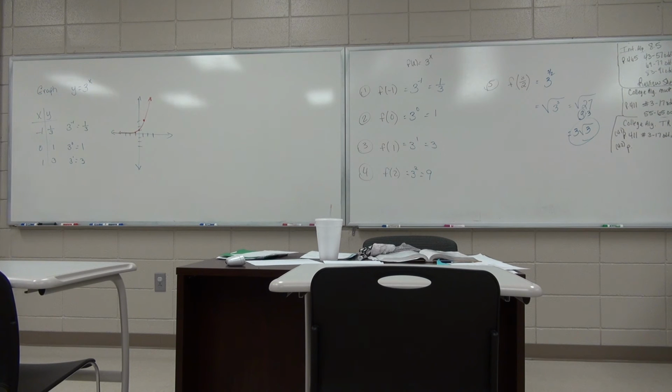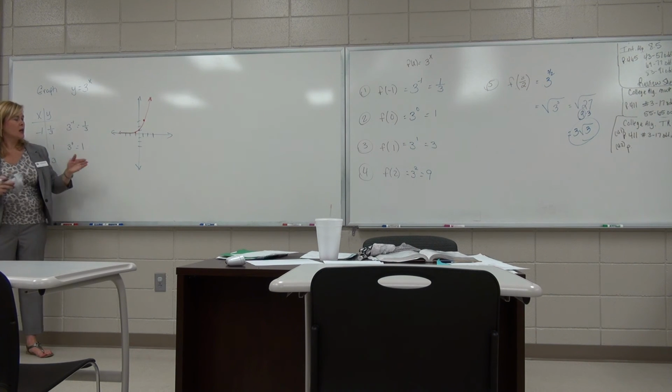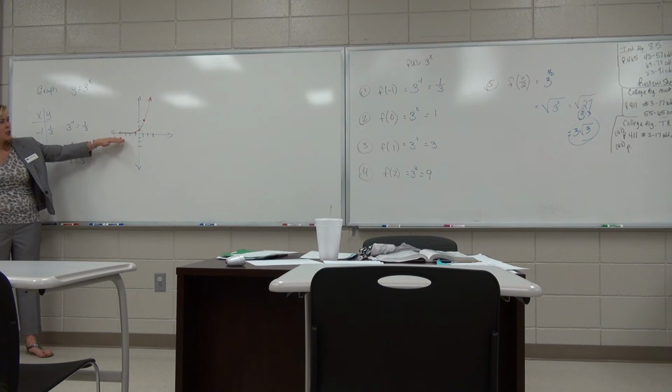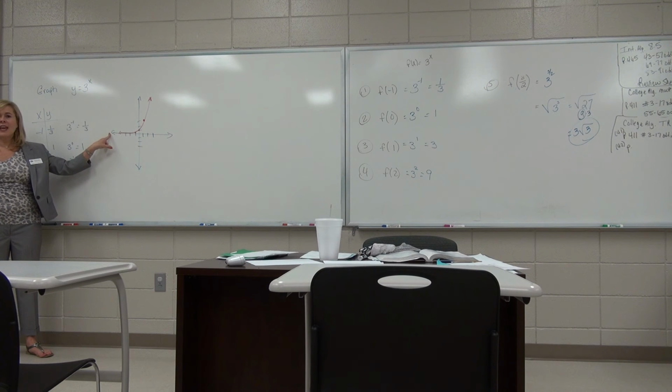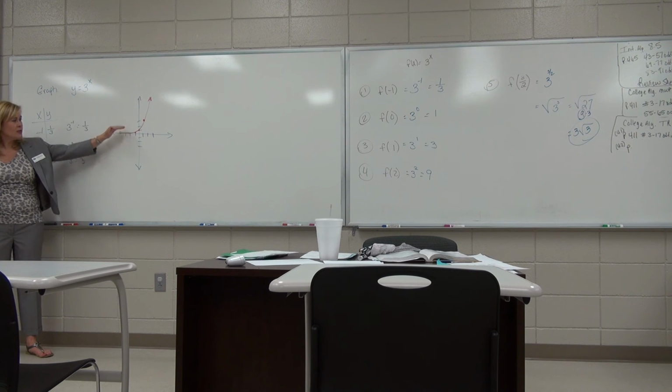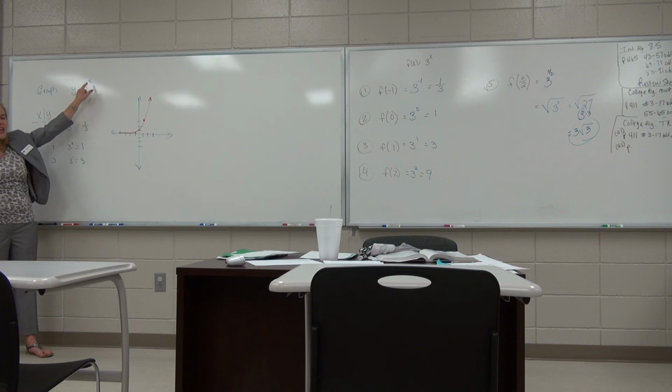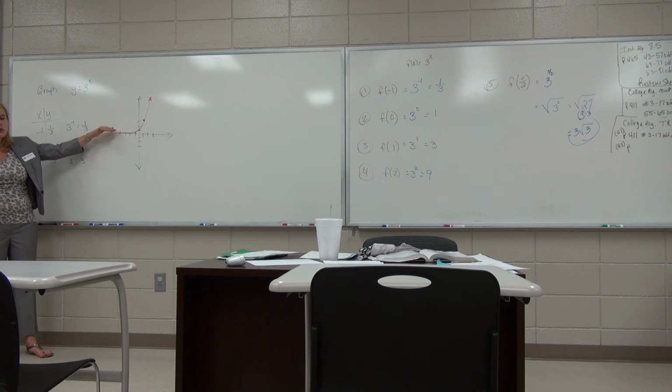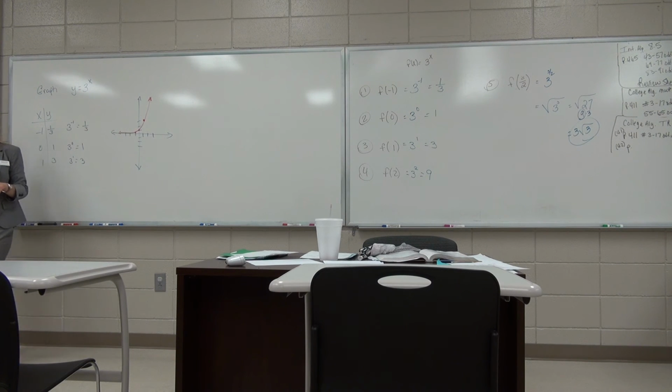So this graph has what's called a horizontal asymptote, which you don't know the terminology, but it'll never cross the x-axis. It'll get real close. The more negative that x gets, it'll get closer and closer to 0, but it'll never actually equal 0. The only way you'd ever get 0 would be if your base is 0, and we already said the base is always going to be greater than 0.